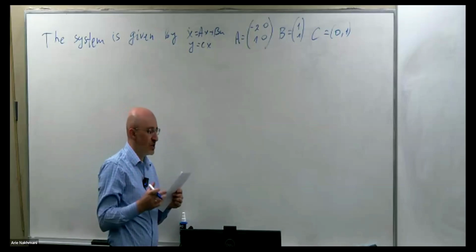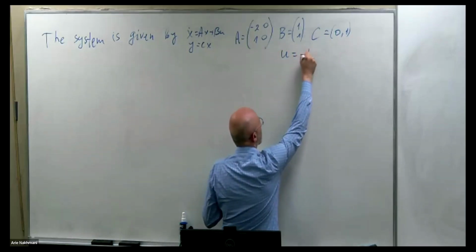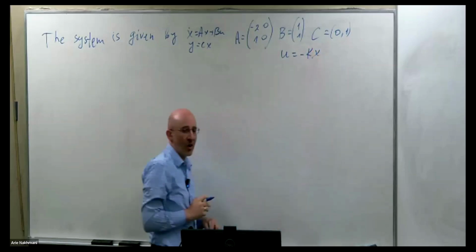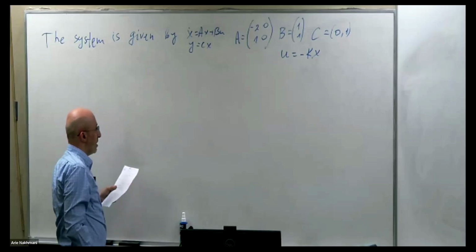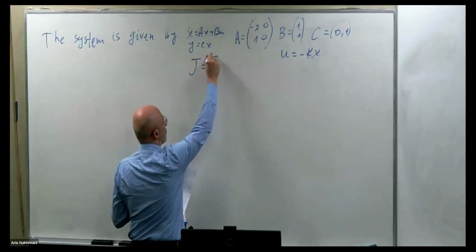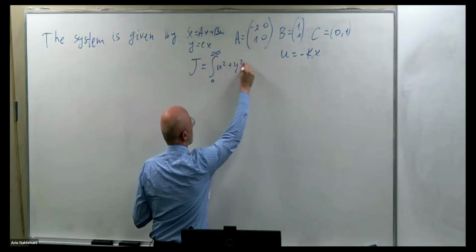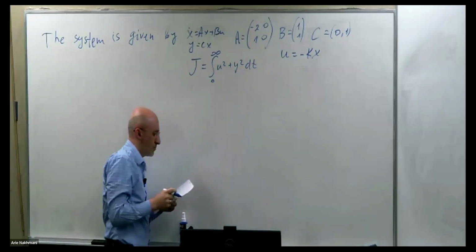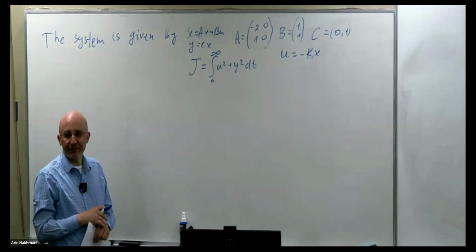Same system, we want to design a controller, which is u equals minus Kx, a regular state space controller, a regulator. And we want to minimize J, which is the integral from 0 to infinity of u squared plus y squared. So rho equals 1.